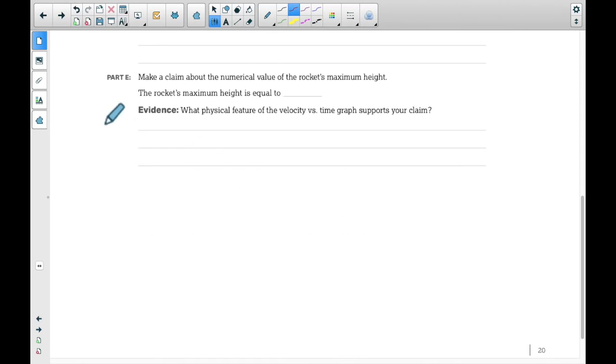Okay, one last question. Make a claim about the numerical value of the rocket's maximum height. Can we find that maximum height? Right, we're looking for a delta y, basically. Once again, we could do it with equations, but we can also do it with the graph. So let's go back and look at the graph.